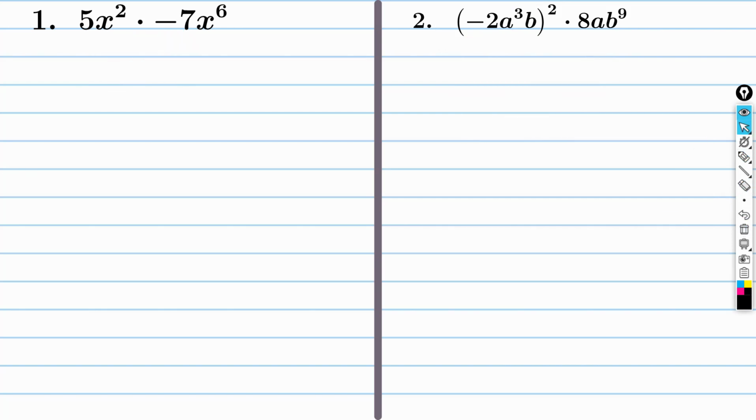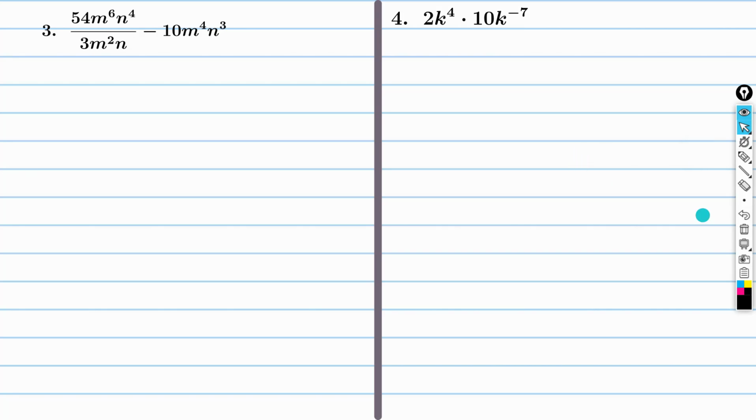So let's look at number 3. The first thing I need to do at number 3 is simplify this. So we have 54 over 3, m, and we're going to subtract those exponents.